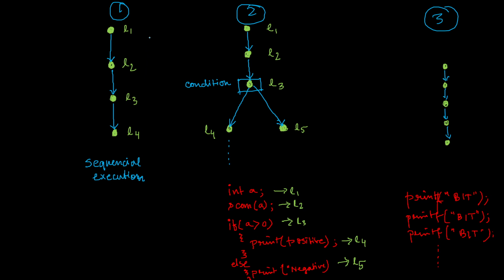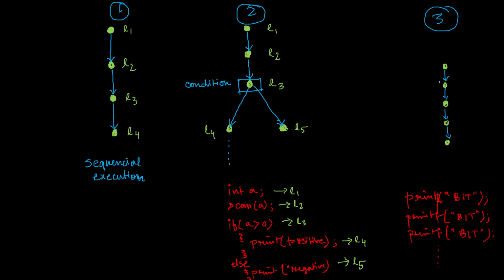One line is scanning data, one is printing, one is adding or doing something else. But in case 3, all the lines are representing the same job, printf bit, that's all.